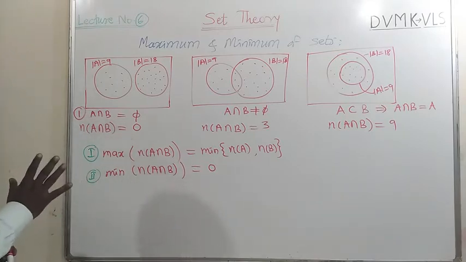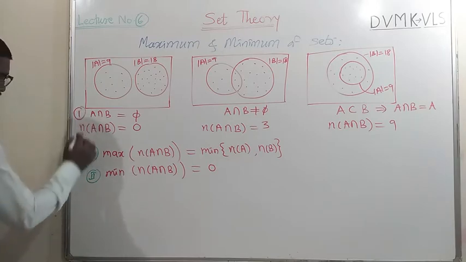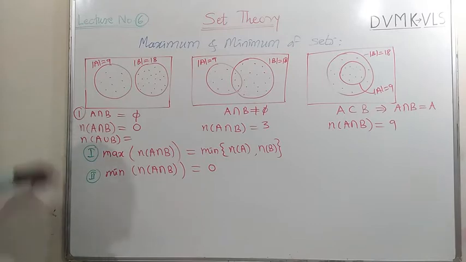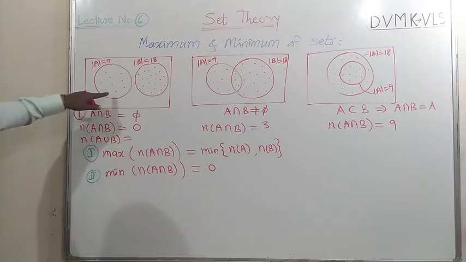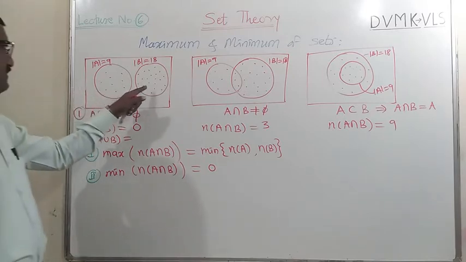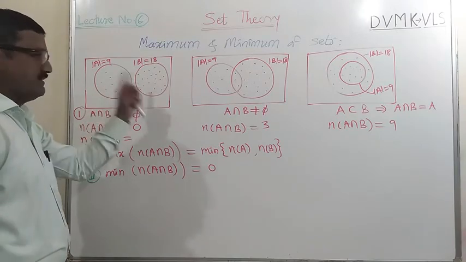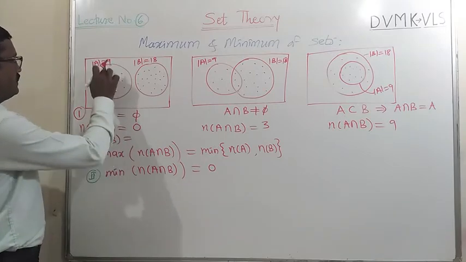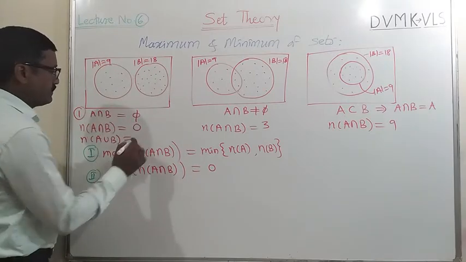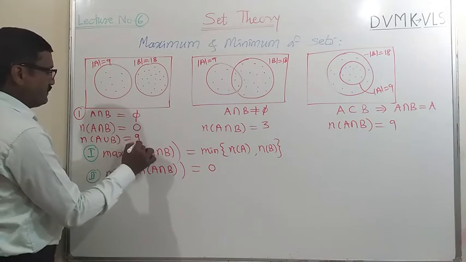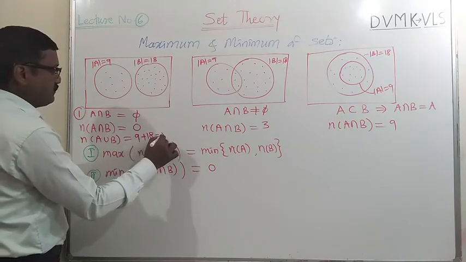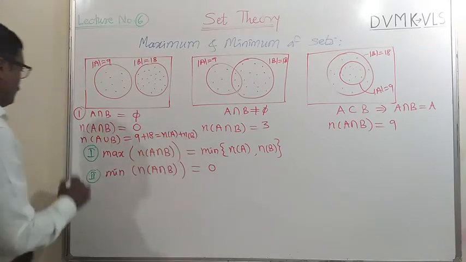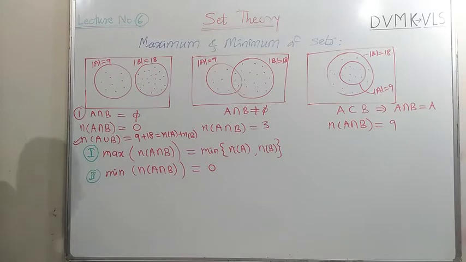Now write the result about union. If you write the number of elements in A union B, in this case union means the elements coming from set A and set B, either from A or from B. Here the union contains these 9 elements and these 18 elements, which is nothing but 9 plus 18, and that is equal to the number of elements in A plus the number of elements in B. Okay, this is an important result.